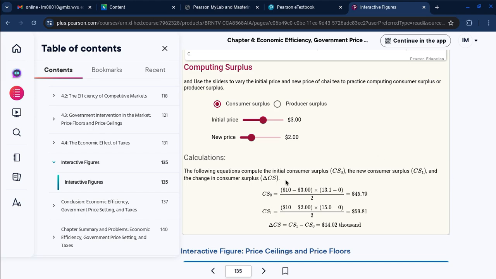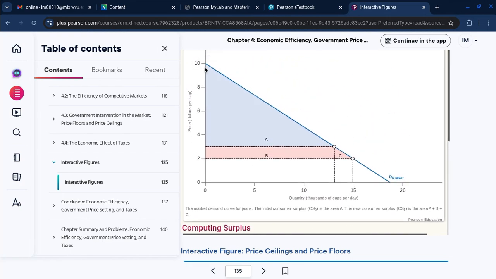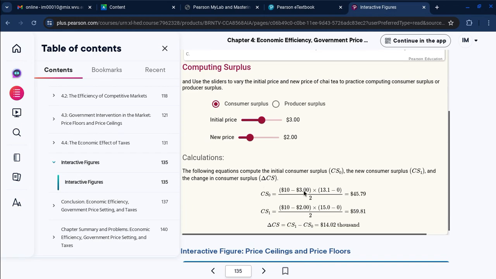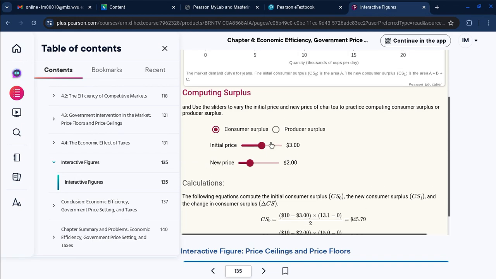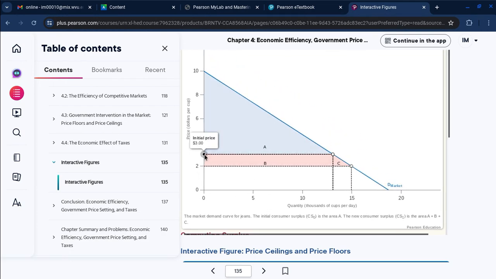First, we have the height of the triangle. We have the price that consumers are willing to pay at the very top, the consumers who have the highest price point right here. And we have the price that is in the market of $3 right here, our initial price. And so that forms the height of our triangle.